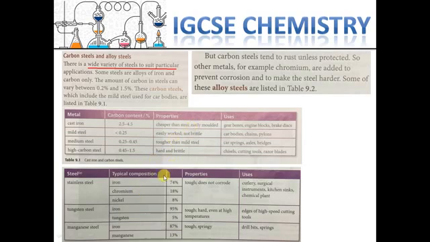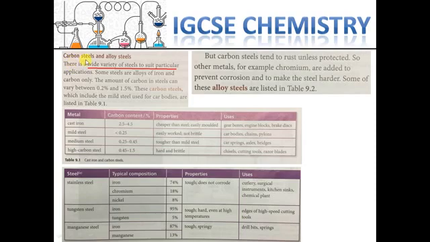On these two tables you can see a list of carbon steels and alloy steels, their usages, their properties, and the types of metal and other components that are used for making alloy steels.